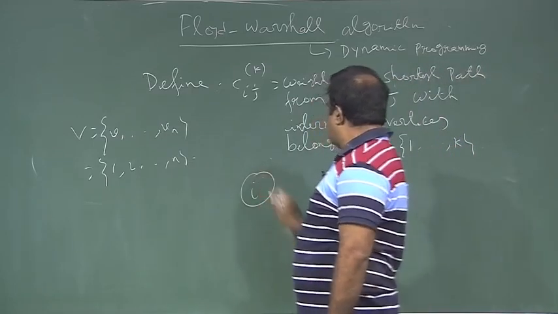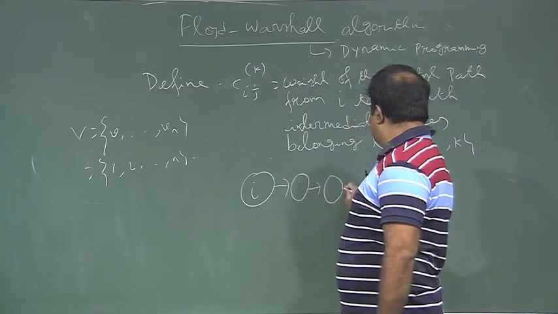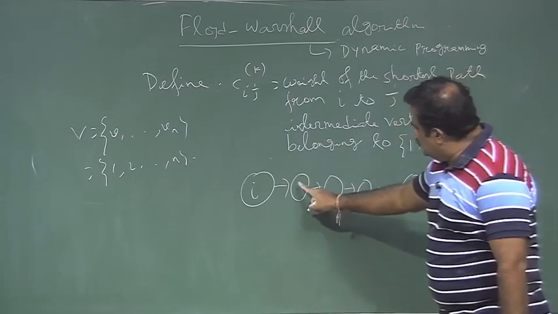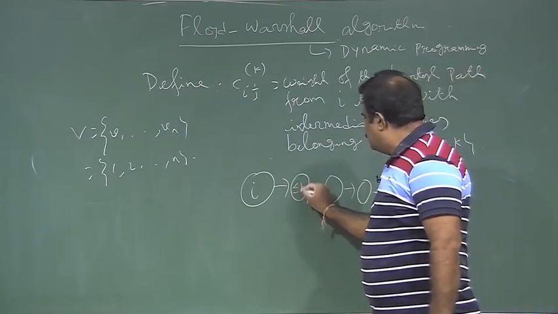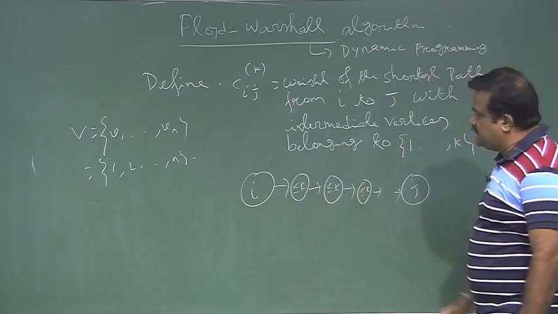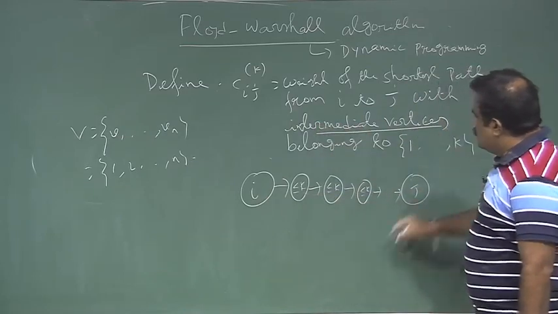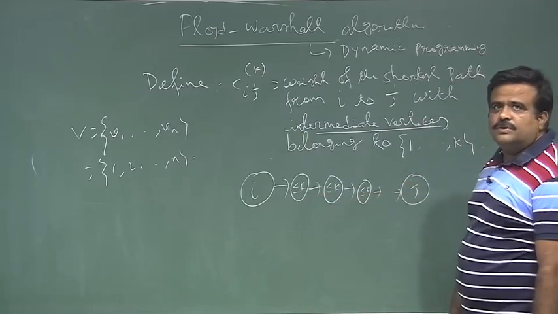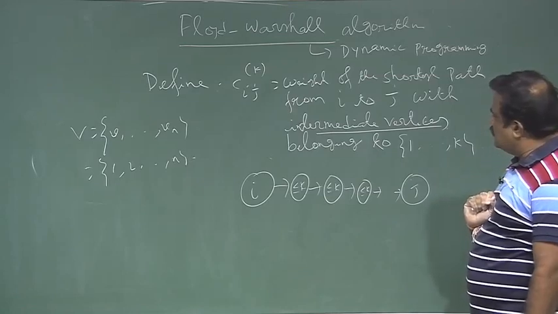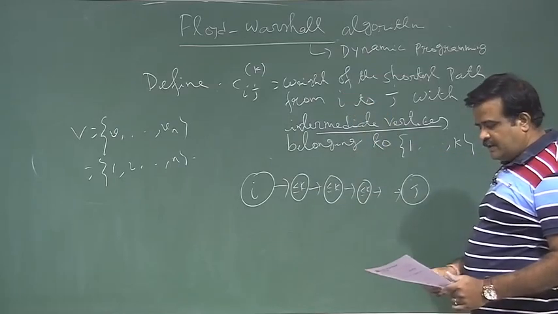Suppose we are at i, we want to go to j, and in the middle we visit some vertices. The numbering of these vertices must be less than or equal to k, that is the meaning. We have no restriction on i and j, which could be more than k, but we have a restriction on the intermediate vertices: their number must be less than or equal to k. That is how we define C_ij^k.